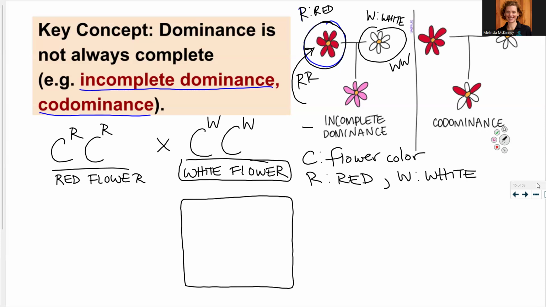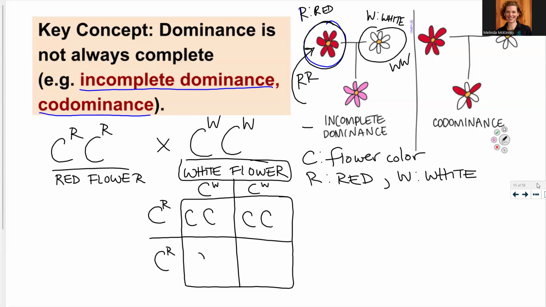We're going to do the red flower on the left side, with two red alleles. This is the red parent. Up here on the top, we're going to do the white flower, two white alleles. Then we combine them in the four boxes that represent the four possible offspring.